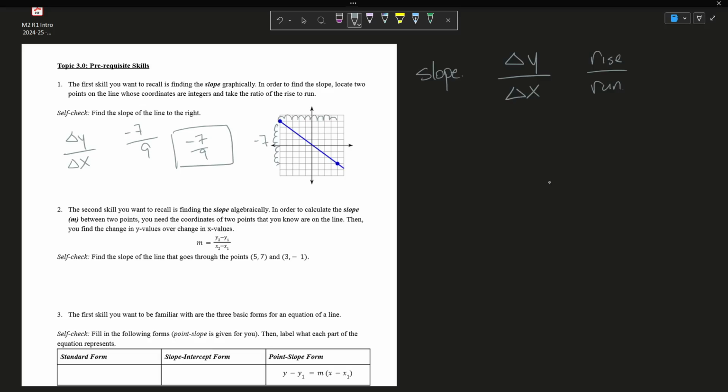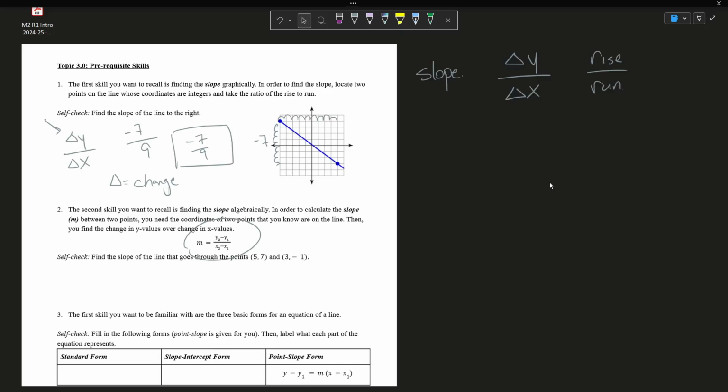Next up, we have this new one, and this formula is pretty helpful. It just goes change in y over change in x. The delta symbol, the little triangle, is the Greek letter delta, which means change. So it's the change in y over the change in x. To find the slope algebraically, we find the difference between these values.